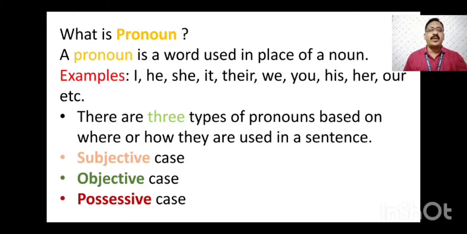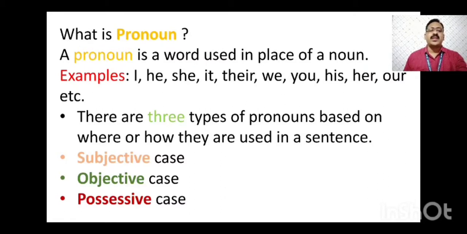Means the word which is used in place of a noun, without repeating the noun many times, we can write the noun or the name once, and for the rest we replace the noun with a pronoun which means the same. So these are some of the pronouns which are used in place of a noun.